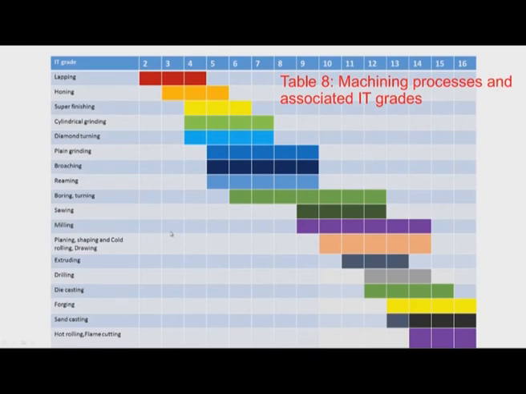Now this particular picture shows the various machining processes and associated IT grades. We can see here different processes are listed.